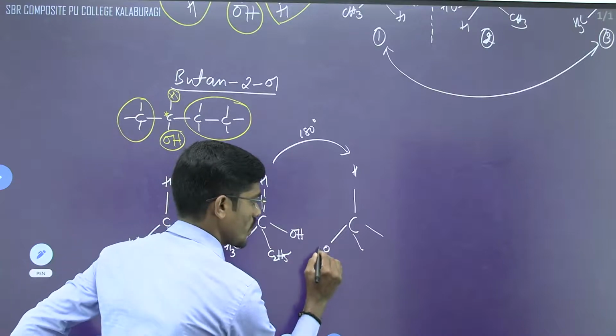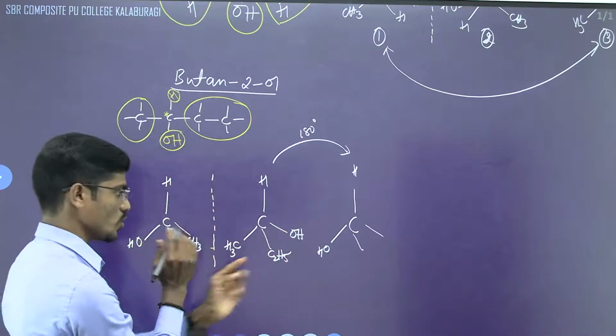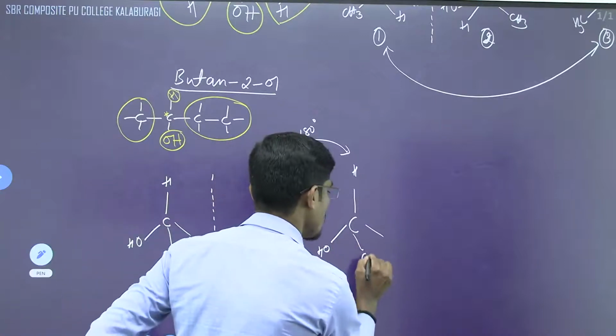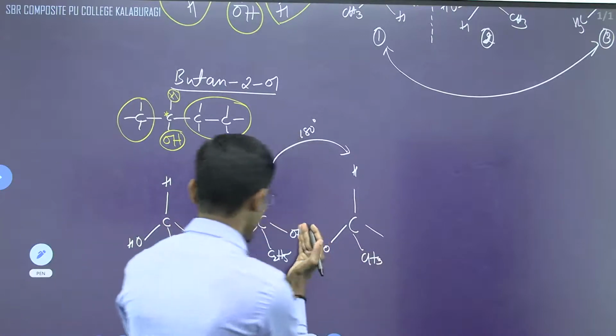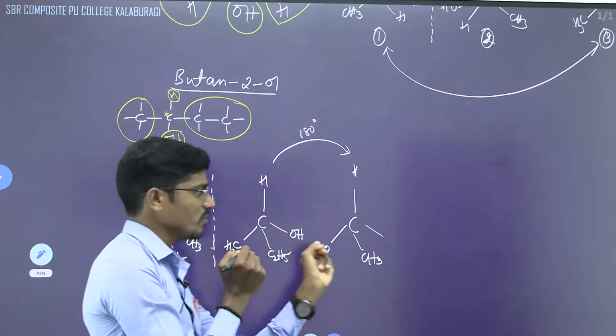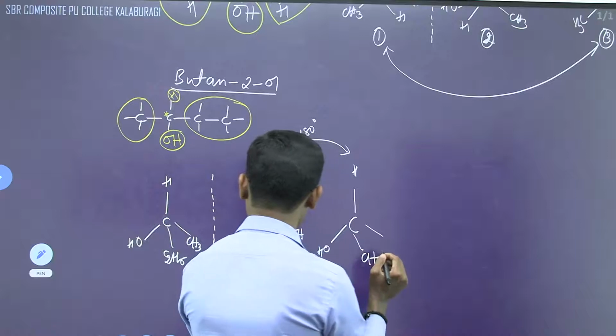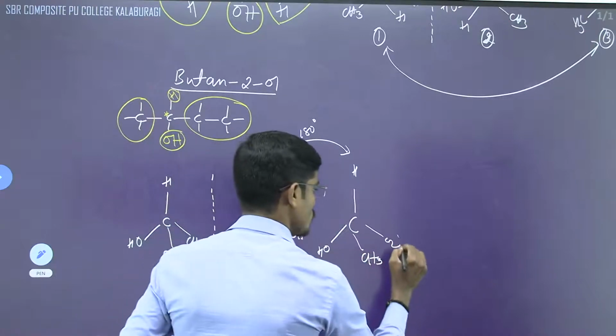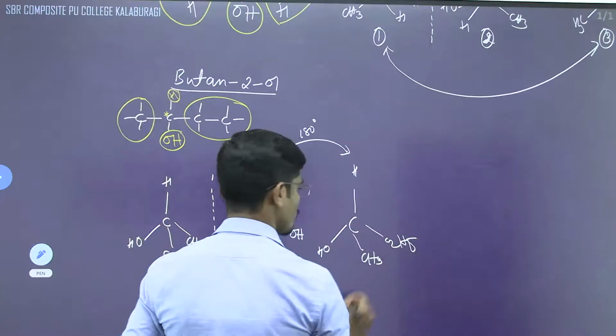But CH3 and C2H5 groups are interchanged here, because when OH comes here, the last group CH3 will be in the OH position. So this gives C2H5 and this is CH3.